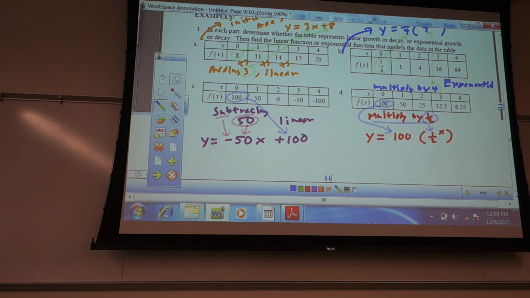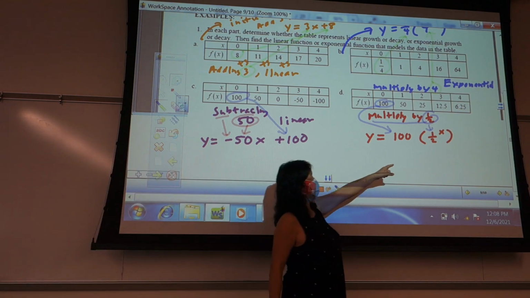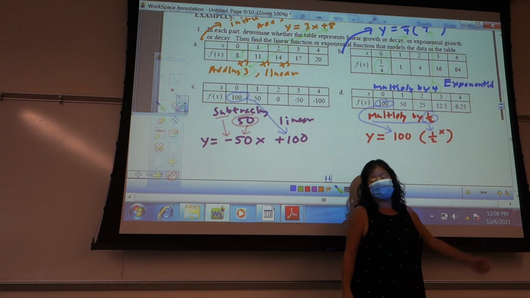Is there a different way, like if you're dividing by 2? Yeah, you could say divide by 2. That's right.